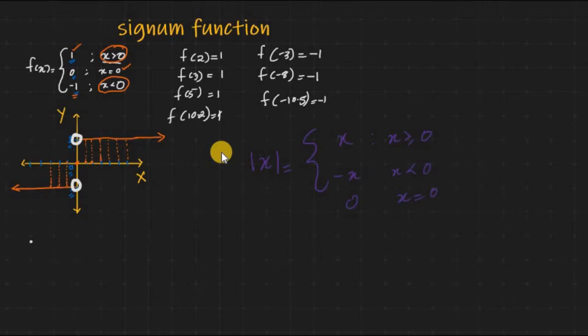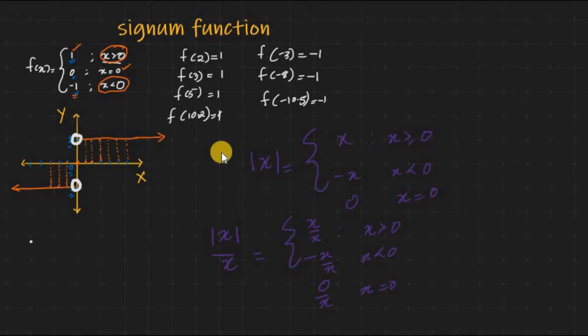We know this. So this is the modulus function, and we can easily find mod x by x: x by x when x is greater than 0, minus x by x when x is less than 0, 0 by x when x is equal to 0, isn't it?